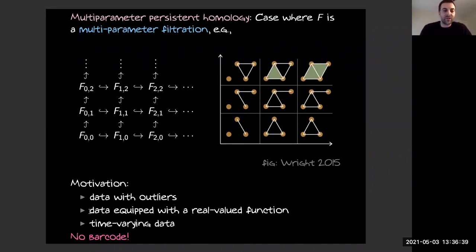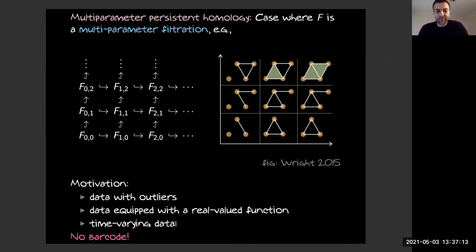The idea there is that trying to handle density as well as scale is going to give you a second persistence parameter. This also arises when we're looking at data with a real valued function. For example, if your points are atom centers in a protein, you might consider a real valued function of partial charge, or you might consider your real valued function to be a time function when you're looking at time varying data. So there are a lot of places where these things are coming up.